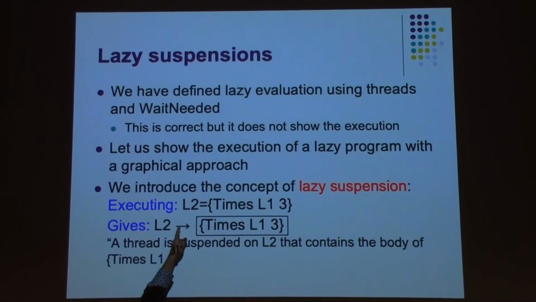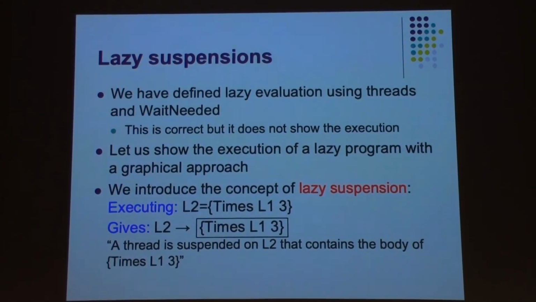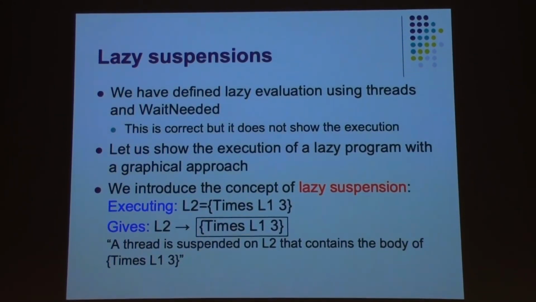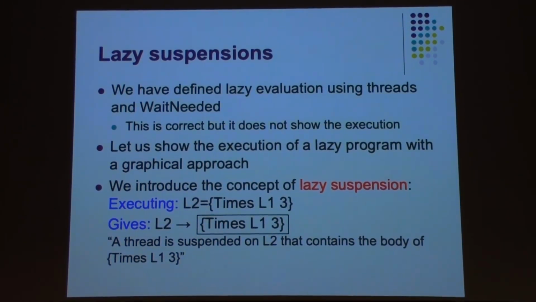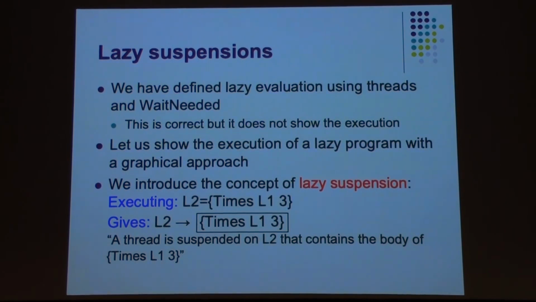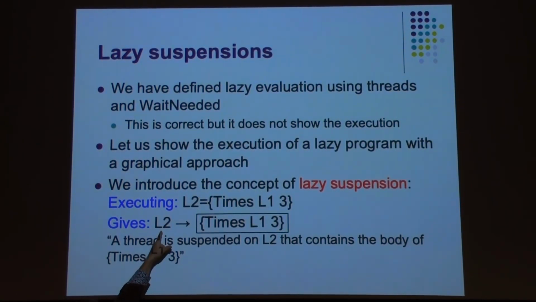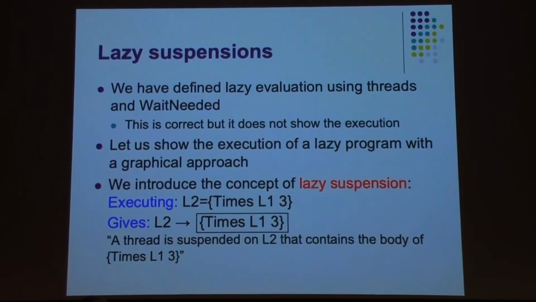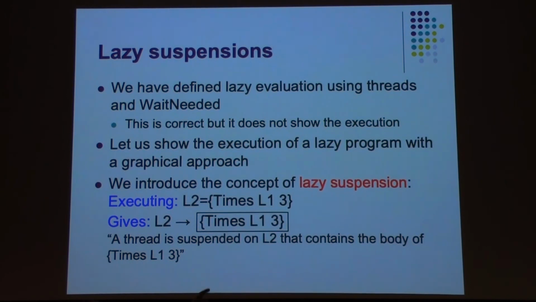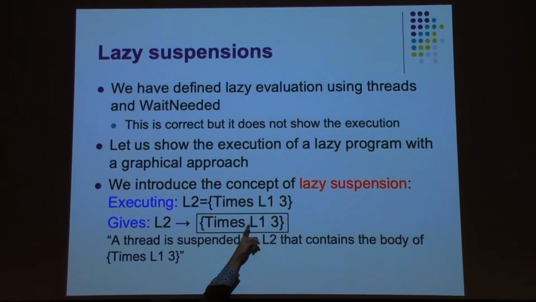If you execute L2 is times L1, 3, when you run that, you will not execute the function. You will create a lazy suspension. And we write it like this. There's a variable here. This variable, there's a thread waiting on this variable. We do it with the arrow. And what's inside this thread is this function call.